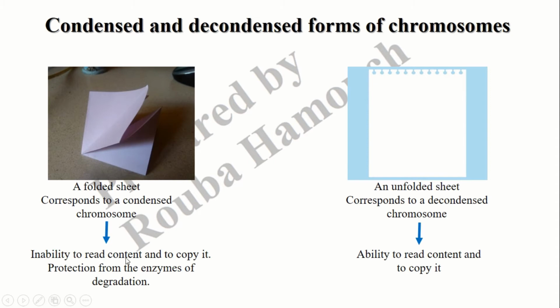This condensed form is necessary to protect the chromosomes from the degradation by enzymes found in the cytoplasm. Now, on the right, we have represented an unfolded sheet which corresponds to a decondensed chromosome observed during interphase. When the sheet is unfolded, we are capable of reading its content and copying it. So, when the chromosomes are decondensed, we can replicate the DNA forming the chromosome.